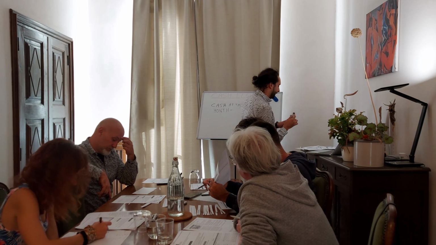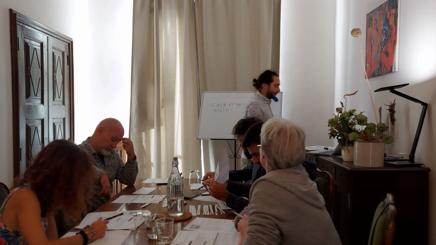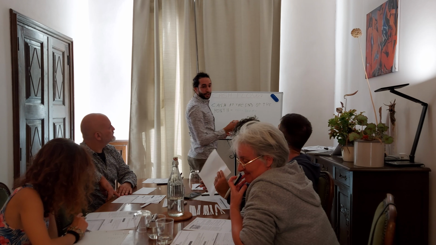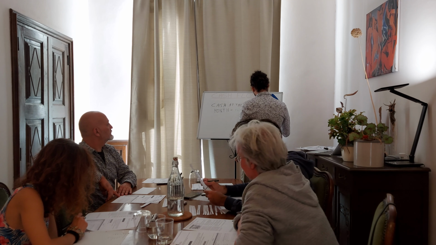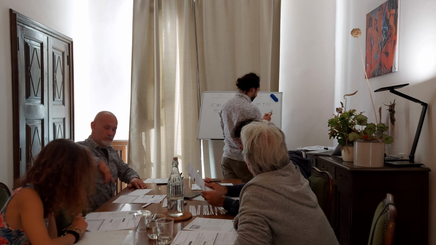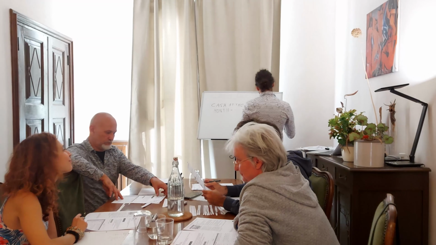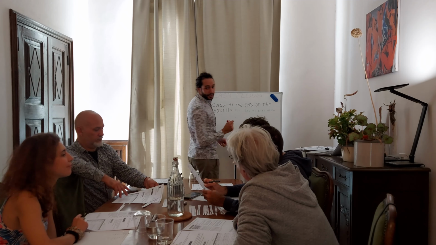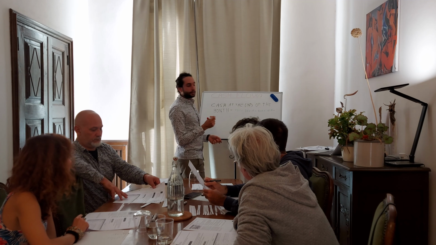So, in the end, in your cash flow plan, you will figure out that the cash that you have at the end of the month is the total cash at the beginning of the month plus the total cash in of that month minus the total cash out of that month.